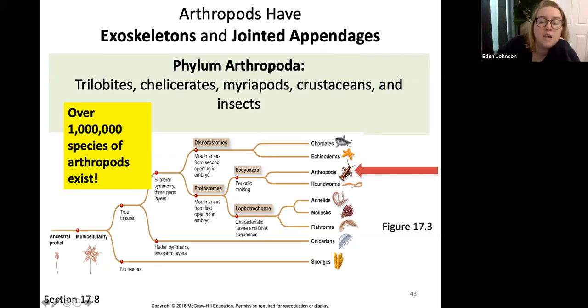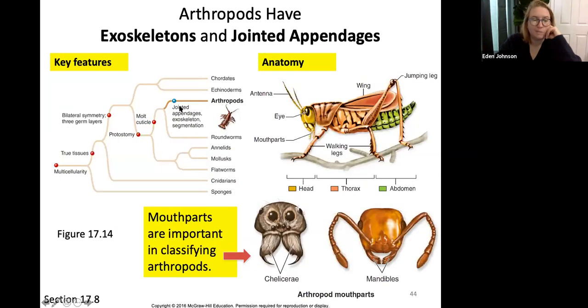So your examples for phylum Arthropoda: trilobites, chelicerates, myriapods, crustaceans, and insects. And you've got over 1 million species of arthropods. Just remember their defining characteristics: exoskeletons with jointed appendages. Jointed appendages, exoskeleton, segmentation in Arthropoda.